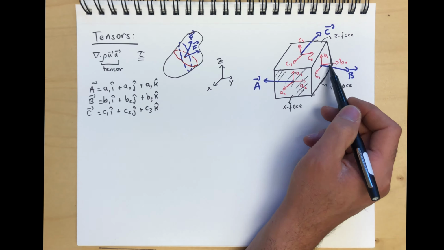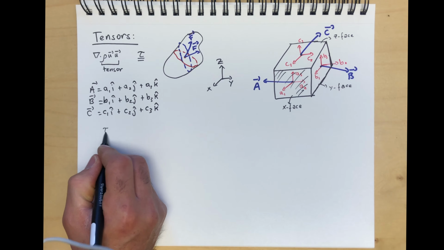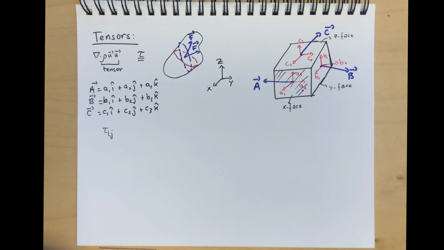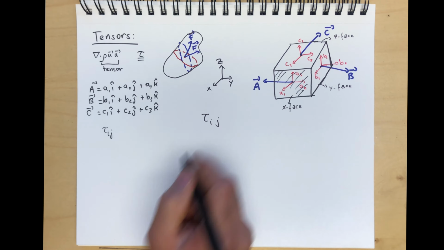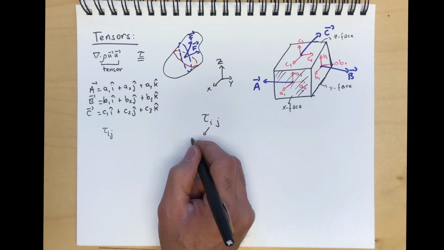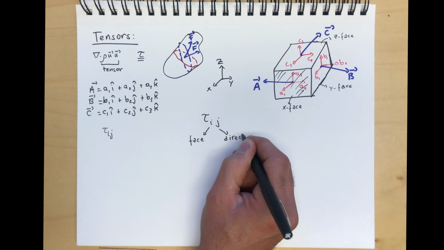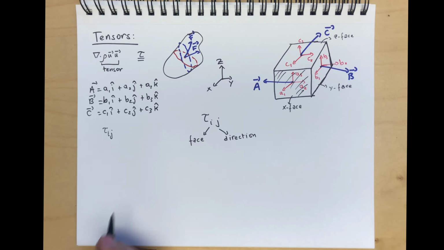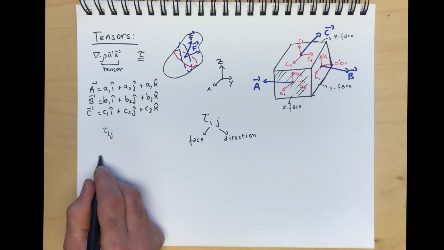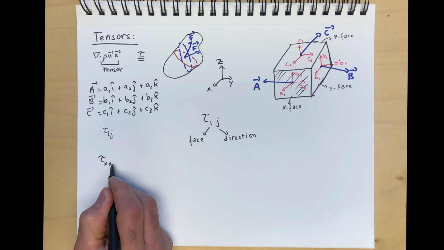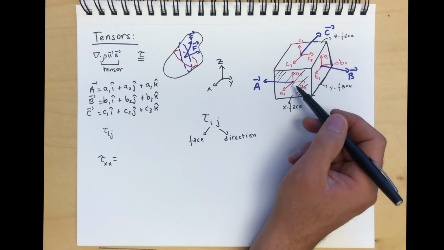We are on the y face, these are the components on the y face, etc. So we introduce the notation tau ij, where i refers to the face and j refers to the direction. If we are on an x face in the x direction, tau xx, that gives us which component? It gives us A1.